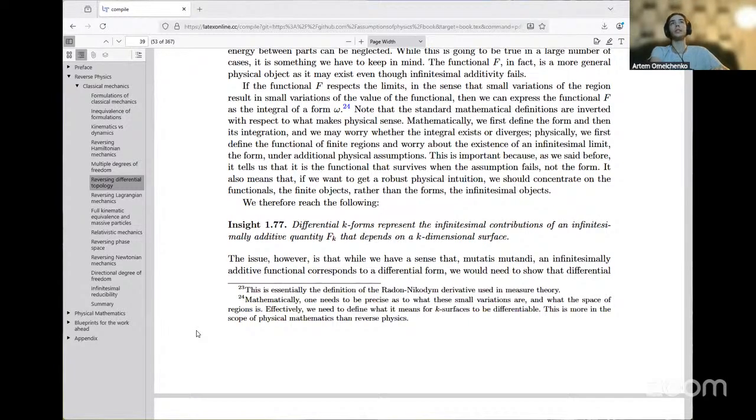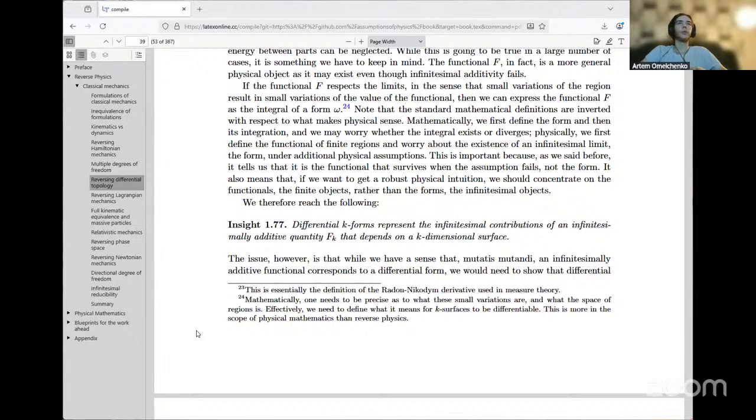Note that the standard mathematical definitions are inverted with respect to what makes physical sense. Mathematically, we first define the form and then its integration, and we may worry whether the integral exists or diverges. Physically, we first define the functional of finite regions and worry about the existence of an infinitesimal limit, the form, under additional physical assumptions.